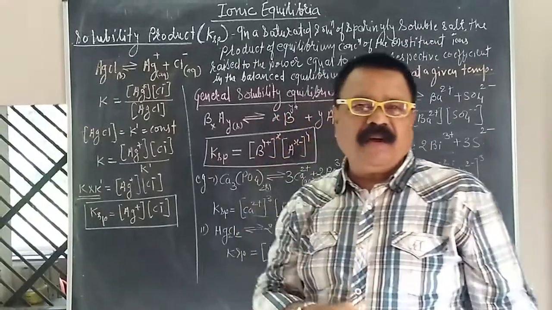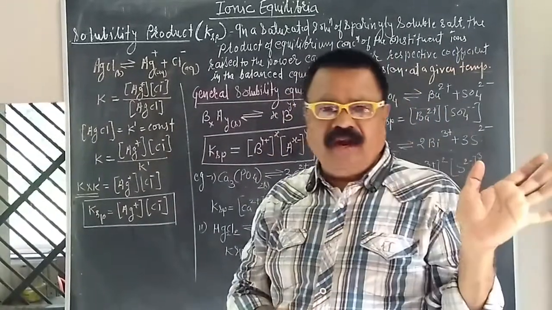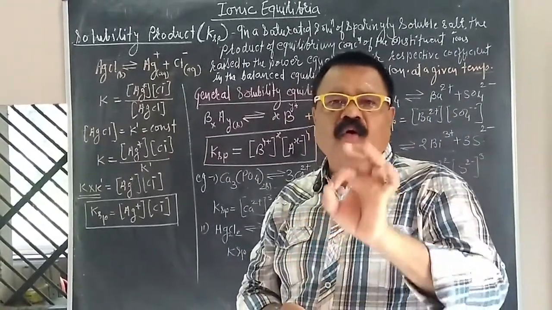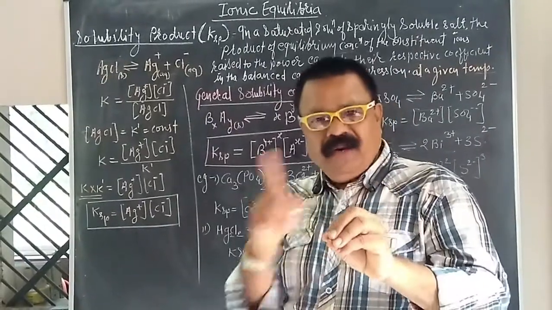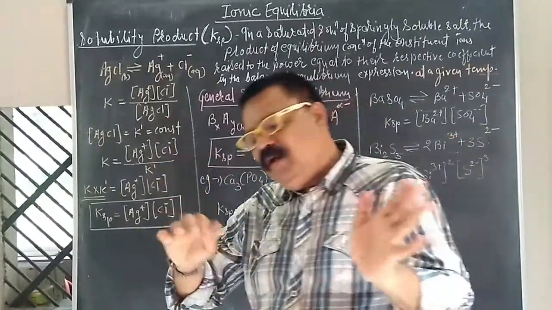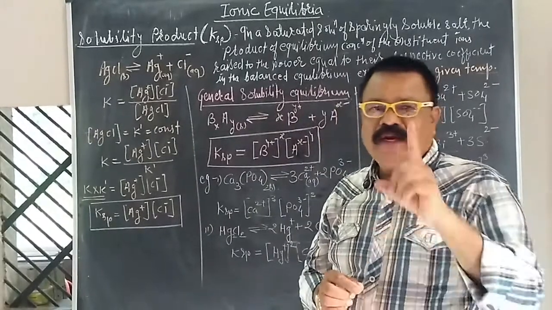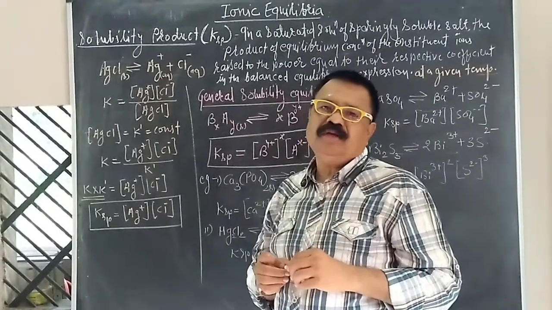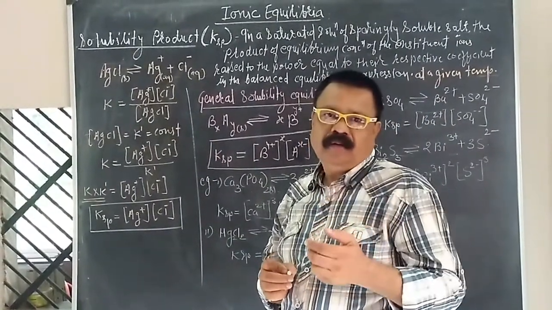मैं अगर फिगर्स की अगर बात करूं तो see if I take 100, then out of 100 only 2 will be dissolved, while the remaining 98 will be undissolved. So that solution is known as sparingly soluble, isn't it?